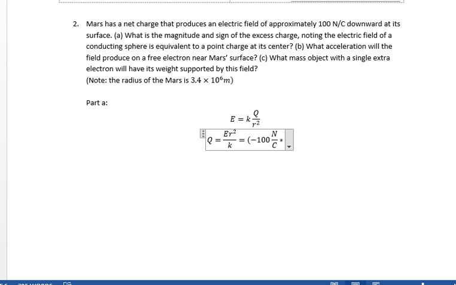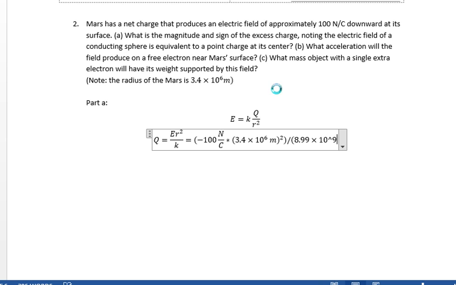The radius of Mars I have here 3.4 times 10 to the 6th meters, squared. And then we have to divide by K, 8.99 times 10 to the 9th newton meter squared per coulomb squared.